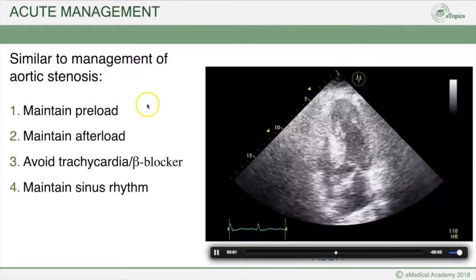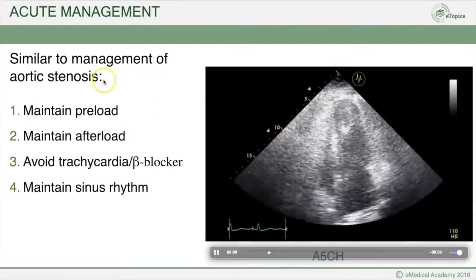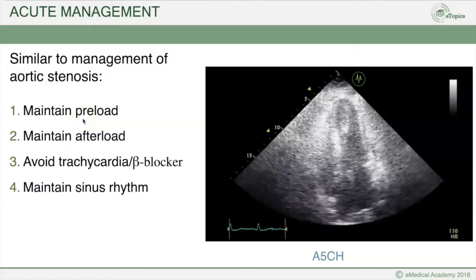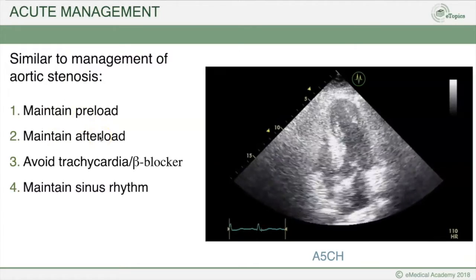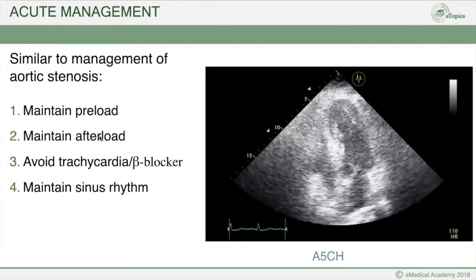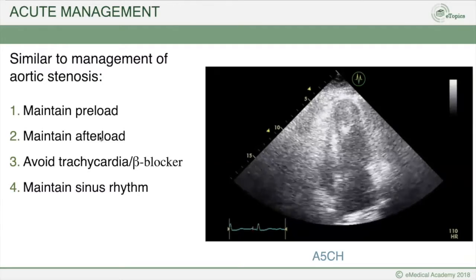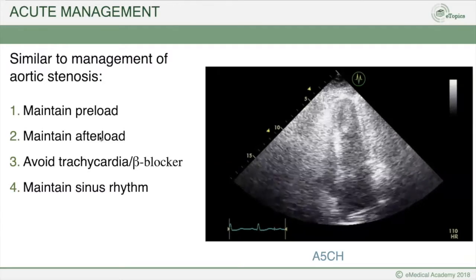You want to maintain preload and maintain afterload, so a patient should receive a large amount of fluids. For afterload increase, typically we use phenylephrine, an alpha agonist, which squeezes the arteries and helps increase afterload.